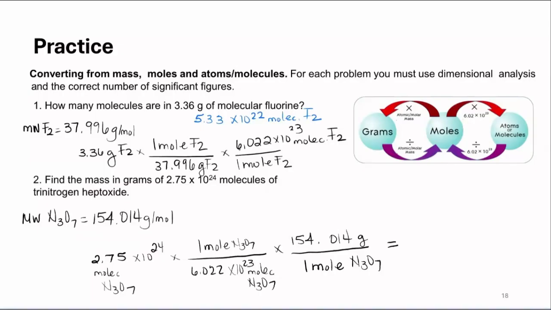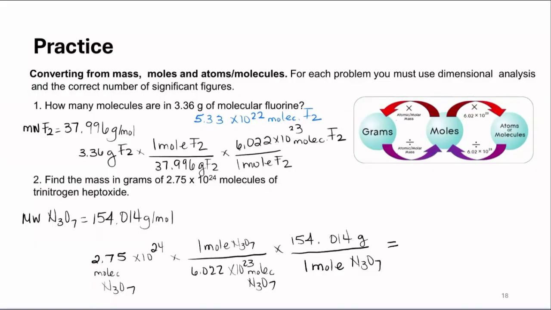And when I do this, what I have to do is 2.75 times 10 to the 24 times 1 times 154.014. You're going to divide that result by 6.022 times 10 to the 23rd.